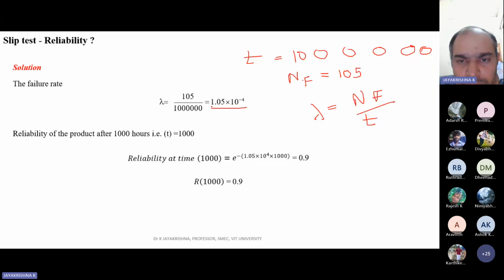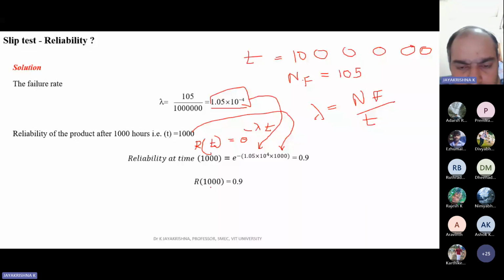Now using this lambda value, I know reliability at time t is equal to e power minus lambda into t. I'm substituting the lambda value here, t at 1000 we are calculating, and we find that the reliability when time equal to 1000 hours is 0.9.